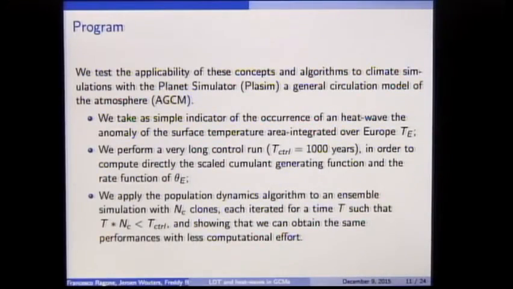Okay, so we want to apply this algorithm to a general circulation model. The model that we have used is called Planet Simulator, PLASIM. It has been developed at the University of Hamburg, where I did my PhD.